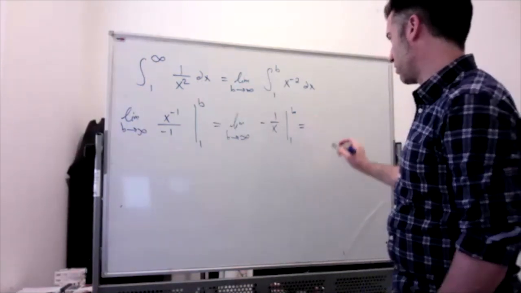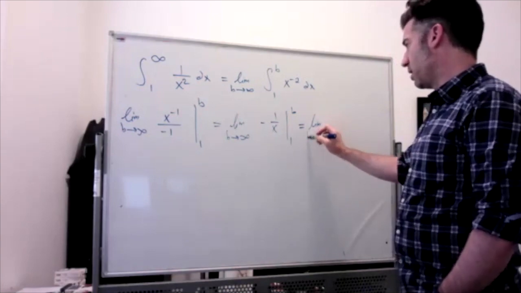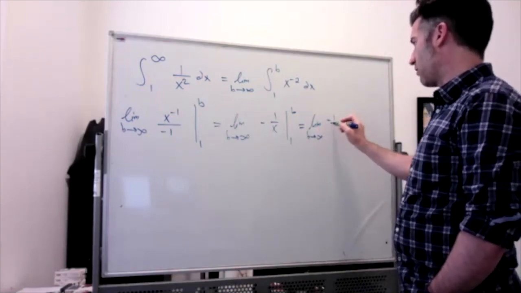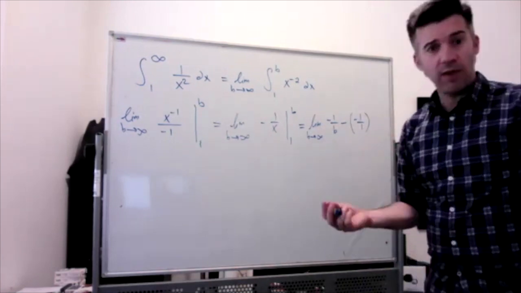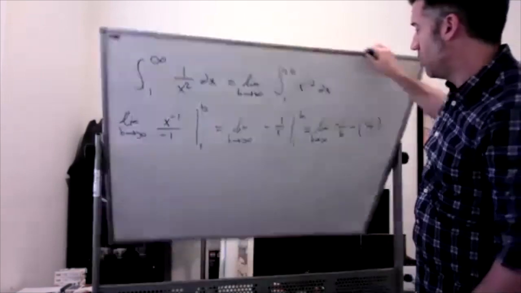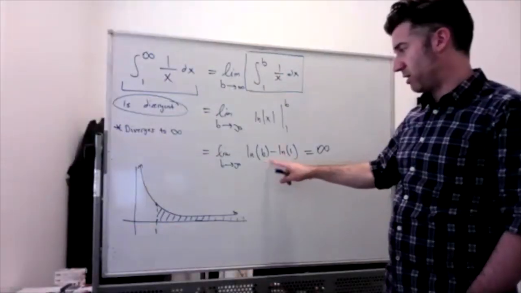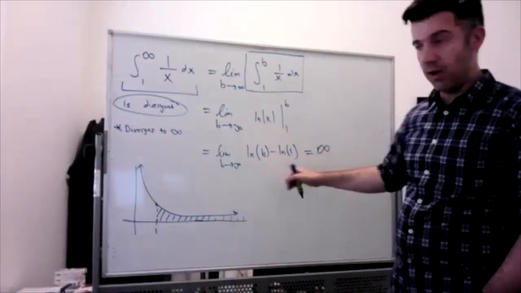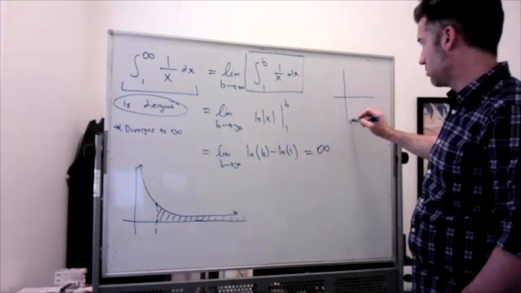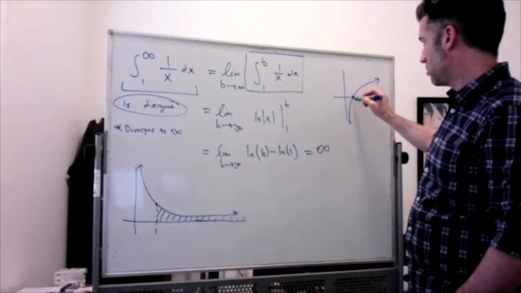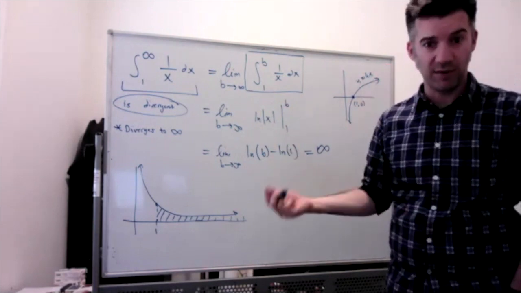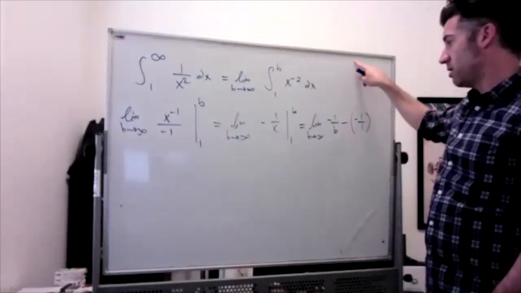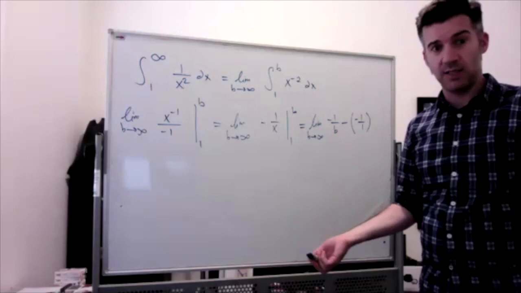When we plug in our limits of integration, we get the limit as b goes to infinity of negative 1 over b minus negative 1 over 1. And unlike last time, where letting b go to infinity made the whole thing go to infinity, because the natural log function gets infinitely large as x gets infinitely large, this function does not. 1 over b gets infinitesimally small as b gets infinitely large.